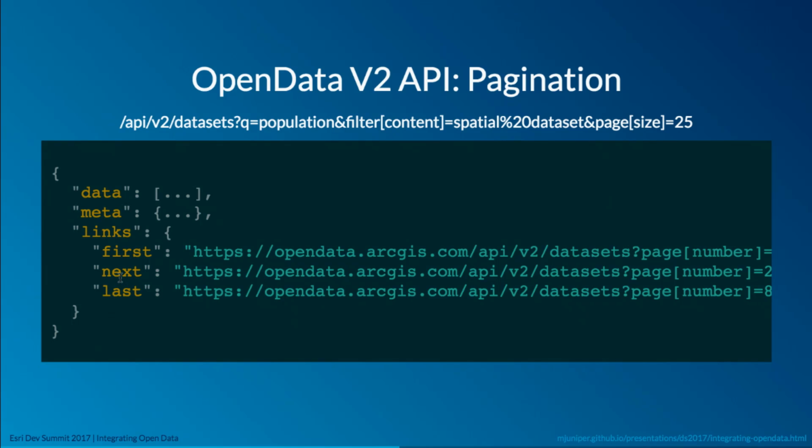What this allows any client to do is to make the first request and then to get the next page of the request, not by building the page in some JavaScript code and then launching the next request. You can literally just go to links, go to next, and then that gives you the URL for the next page. And you can keep doing that until you're at the end. So paging over resources is now a lot easier than having to manually build the next page after every request.